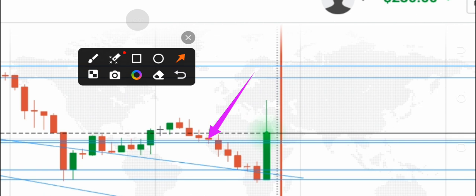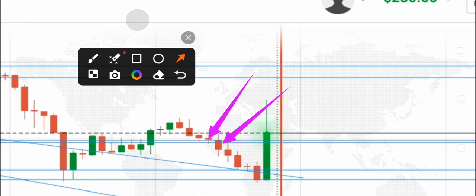I said, okay, this is a very weak candlestick. The market should reverse. But when I opened the trade, it didn't reverse. It went against me, twice, because I opened two positions.